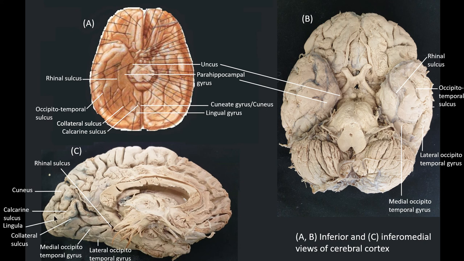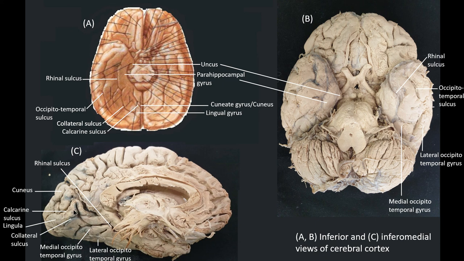The reason why we are talking about these over here is because if you look at this lingual gyrus, you can see that it continues down on the inferior surface, and this continuation is given different names in different places, right?